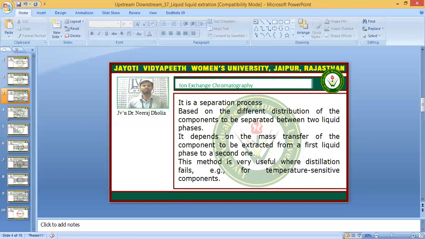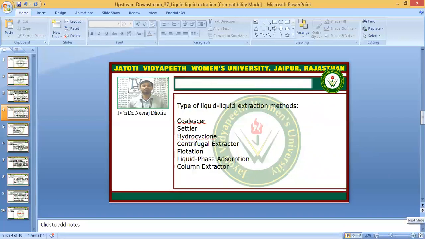For example, if some compounds are temperature sensitive, you cannot boil them, then you cannot use distillation to extract out the compound. In this type of situation, liquid extraction is very important, because in this method we do not boil the samples, or raise the temperature.